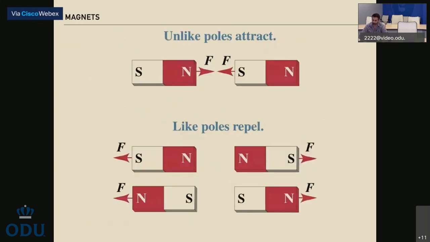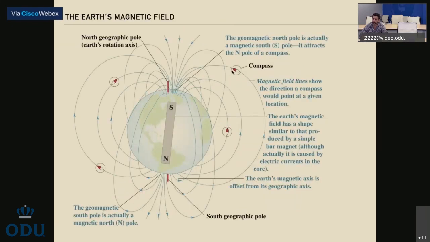If you think about this, the fact that the north end of one bar magnet is always attracted towards the south end of the other magnet is telling you that the north end of the compass is pointing to the geographical north, but is pointing to the magnetic south pole of the Earth, which is closely aligned to the geographical north end. And so essentially the Earth's magnetic field can be thought of as being generated by a bar magnet with the south end of it being at the geographical north pole.